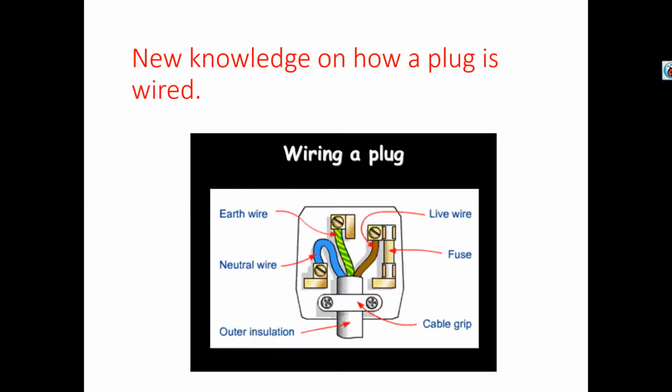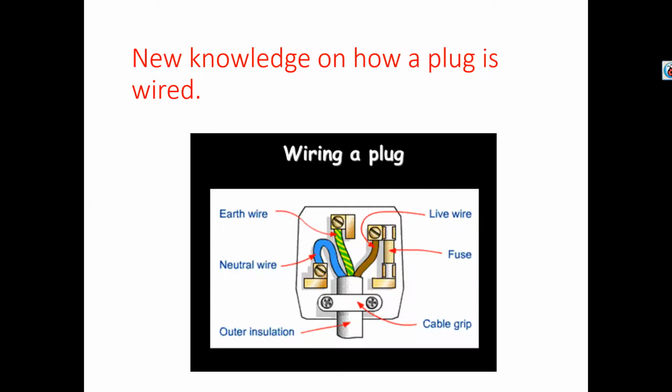Our next bit of new knowledge is about how a plug is wired and some of the information that we need for that. So as you can see from the diagram, we've got a neutral wire on the left, which is blue, BL for blue, the L after the B. You can use that as a memory cue to remember that it's on the left.